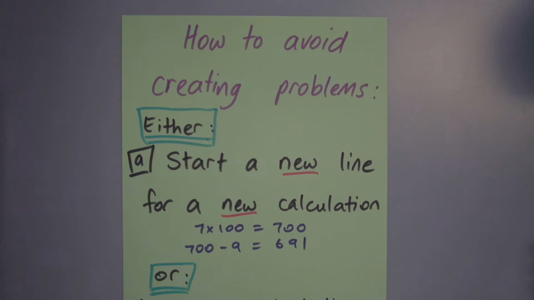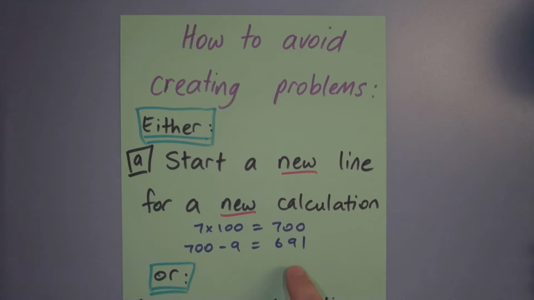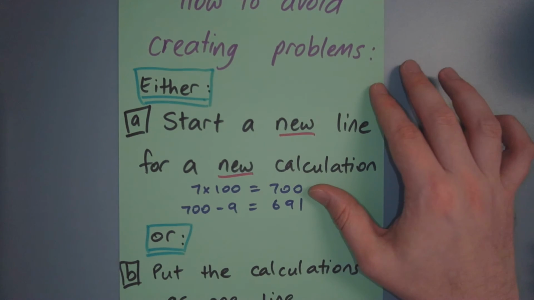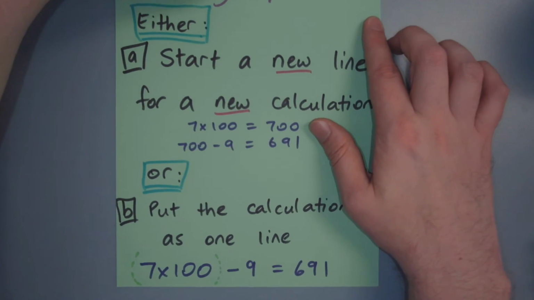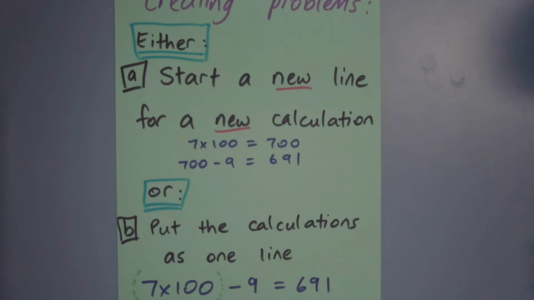So, there are two ways that you can deal with this. You can either start a new line for every time you do a new calculation. And sometimes that's preferred. So you've got your 7 times 100 to get your 700, and then you're going to use that to subtract 9 to make it 691. That's okay. Or, almost a preferred method in some places, putting the whole calculation as a single line.